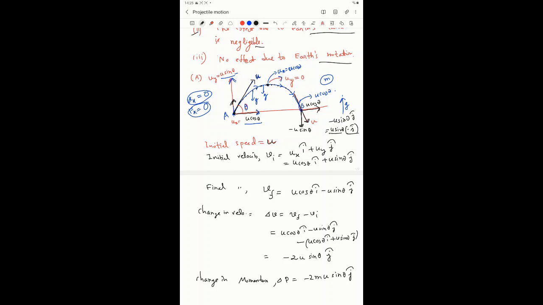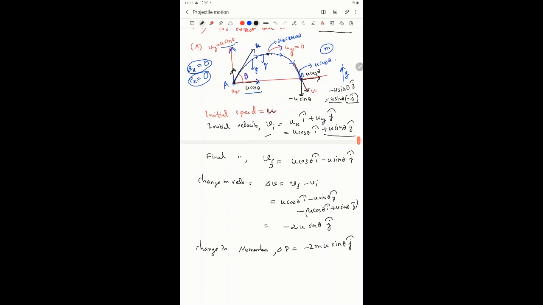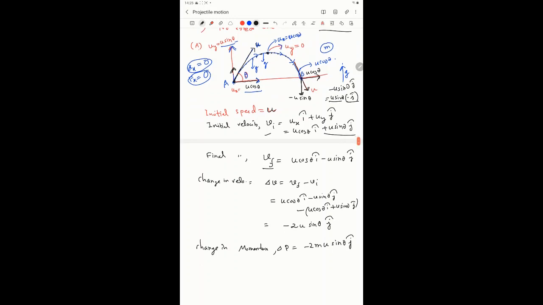If we break the velocity into two components, x component and y component, the initial velocity v_i equals u cos theta i cap plus u sin theta j cap. The final velocity v_f is u cos theta i cap, the same, because the x-axis velocity stays the same during the projection, but the y-axis velocity will be minus u sin theta j cap.